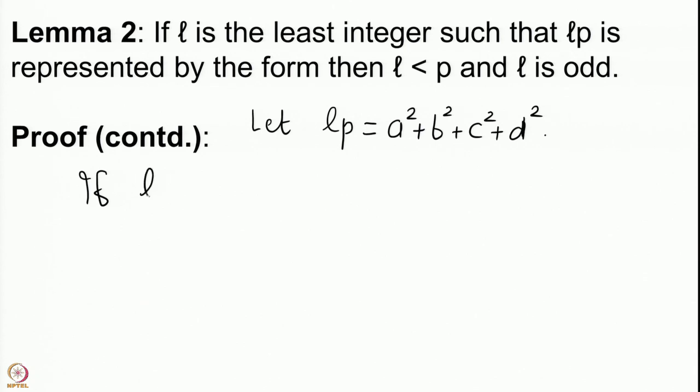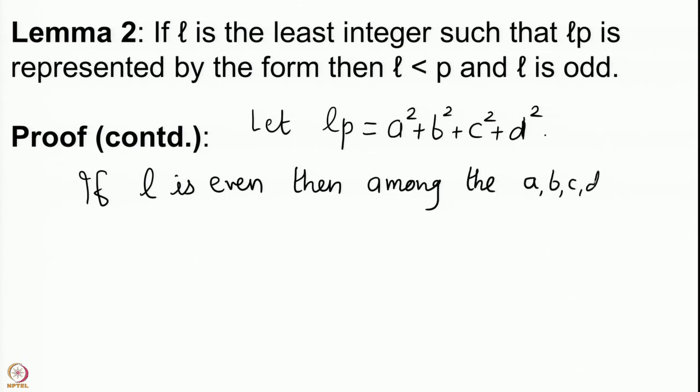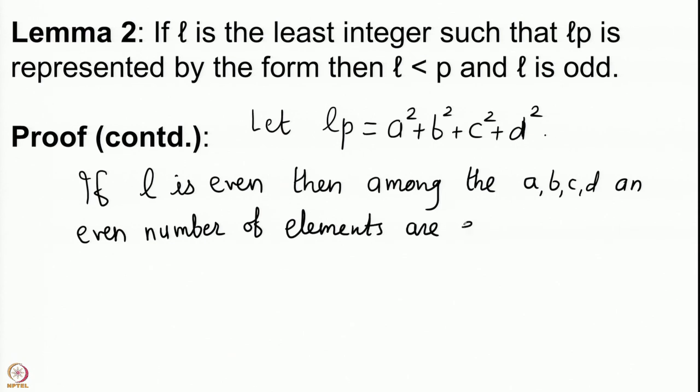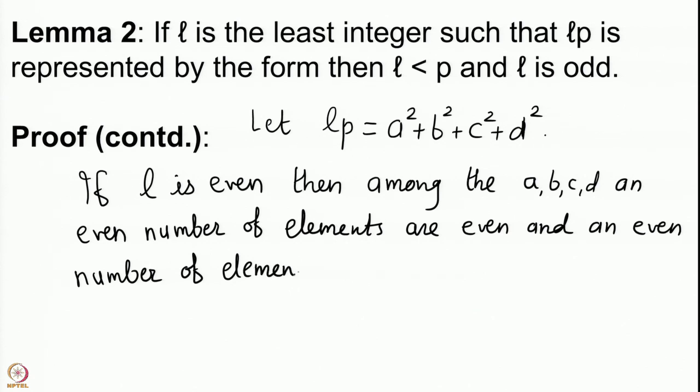If L is even, then among a, b, c, d an even number of elements are even and an even number of elements are odd.